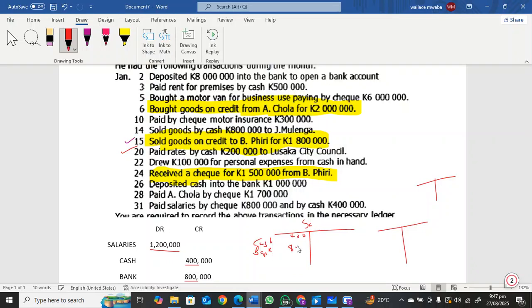So that if your trial balance doesn't balance and maybe the error is somewhere here, you'll be able to tell. Yes, bank account credit side 800,000, cash account 400,000. This is how you have to show it on the ledgers. Any questions, colleagues?